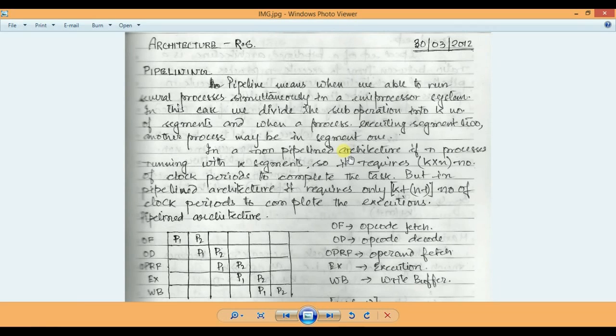The process gets divided first into a few sub processes, and then, suppose sub process 1 is executing and it has to wait for some time. At that stage, process 2's sub process may start. So let's see what's written here.